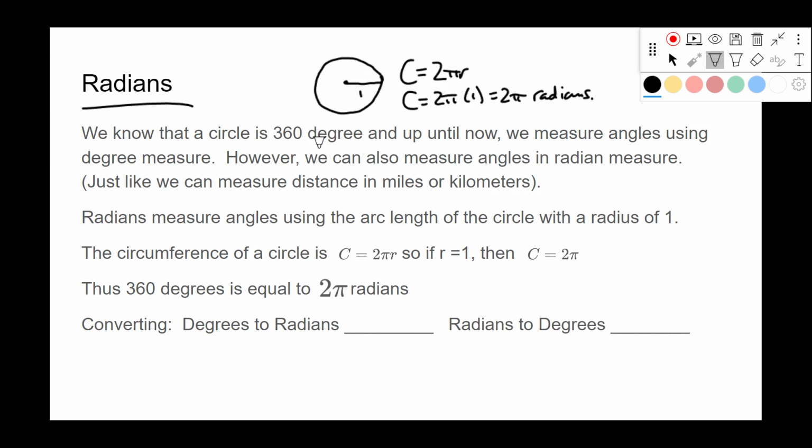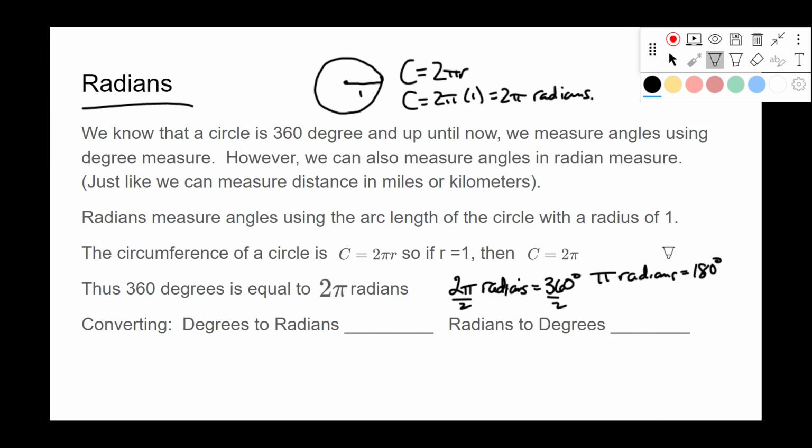Okay, but we know in degrees, that's 360 degrees. So 2 pi radians is the same as 360 degrees. Okay, so now here's how we convert. If I divide by 2 on both sides here, pi radians is equal to 180 degrees.